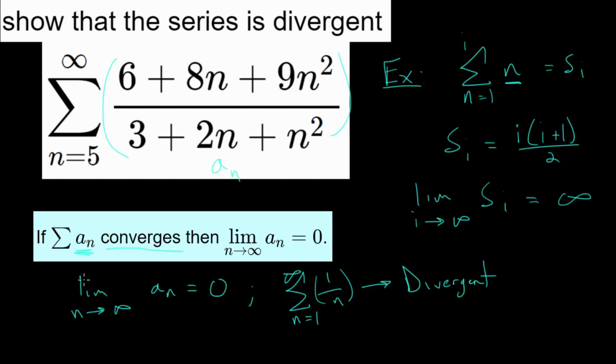So we can phrase that as: if the limit as n goes to infinity of a sub n is not 0, then the sum of a sub n, starting at whatever you want and going to infinity, is divergent. So let's just try to prove that these terms do not approach 0, and if they don't, then we know for sure that it's divergent.